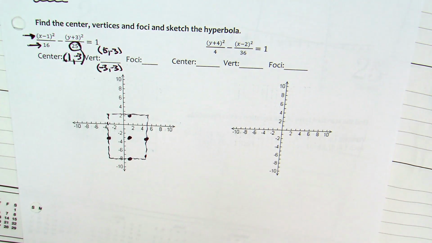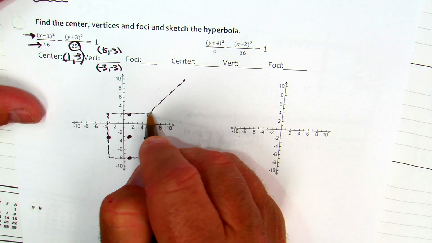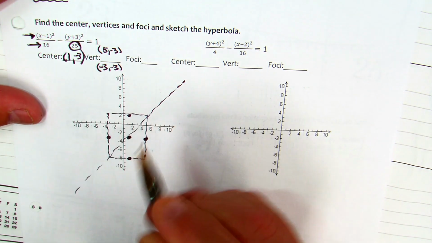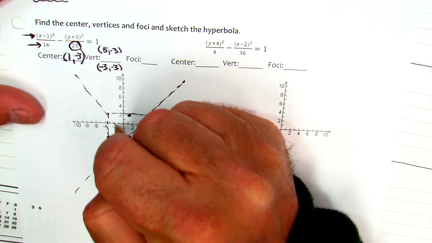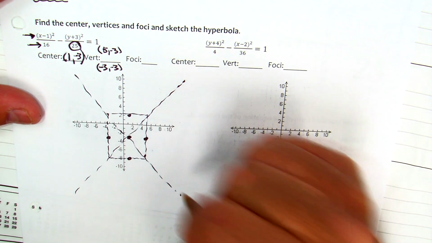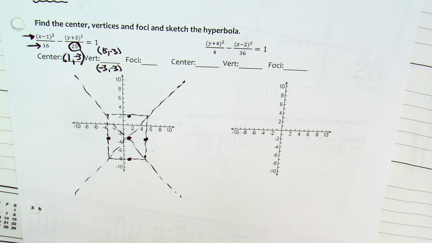And then what we're going to do is extend the diagonals of that rectangle. Those diagonals are your asymptotes.